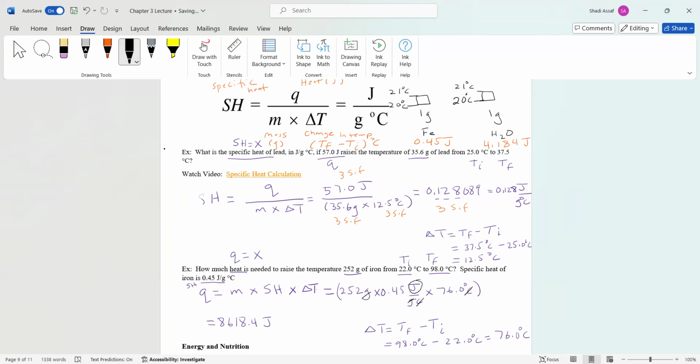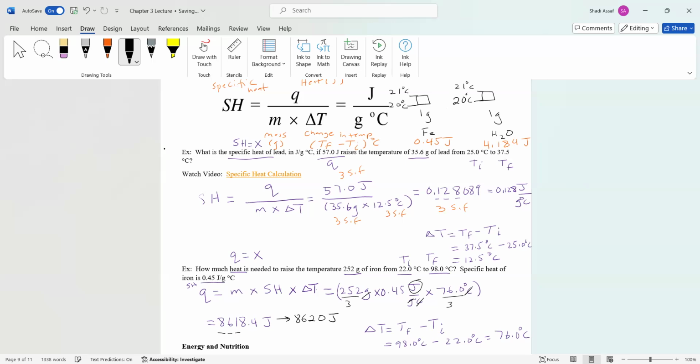All right, we need three sig figs because this is not a measured unit, so we have to round to 3 sig figs. This one has 3, that one has 3. So in this case, it would be 8, 6, 1, and then what follows the 1 is an 8, so we have to make it an 8, 6, 2, and then we put a 0 to retain the magnitude, joules.